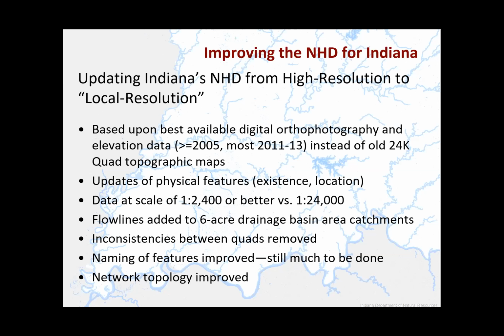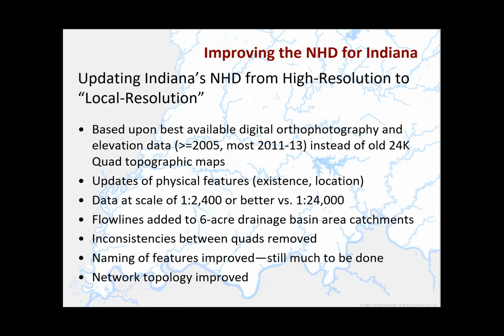We had done a large LiDAR project, our initial one, from 2011 to 2013. So it kind of dovetailed with this project. And Susan will show when she gets into the process how we manage some of the previous elevation data that we had and the newer LiDAR, trying to utilize the best information through the timeline of the project.